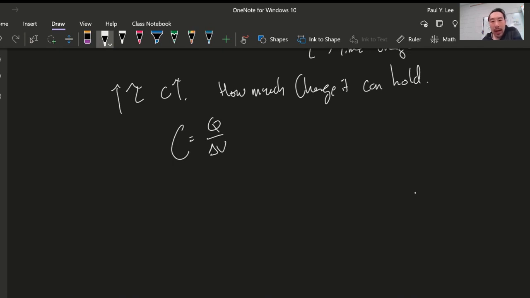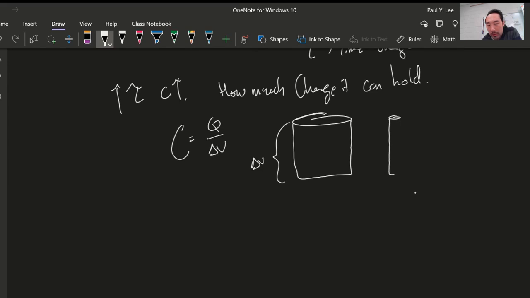The way that I like to think about it is with the water cup analogy. Let's do a cup of this size, so this is our delta V, versus a similar cup, but very, very thin, like so. The delta V's are the same.